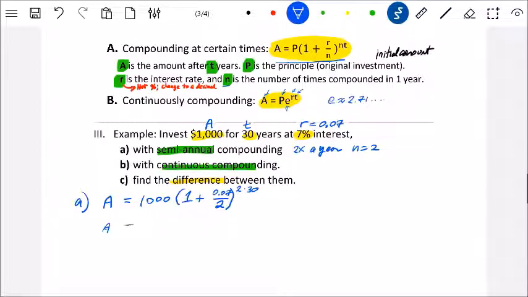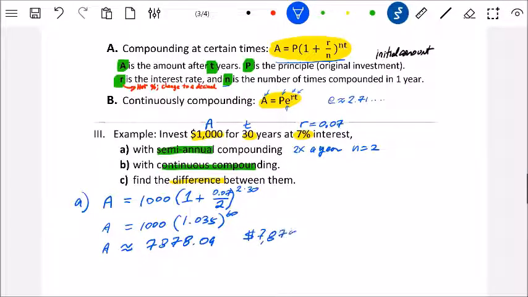So here A is equal to 1,000. Calculate what's inside here, and it's 1.035 to the 60th power. So A is approximately 7878.09. So the answer for A is $7,878.09.